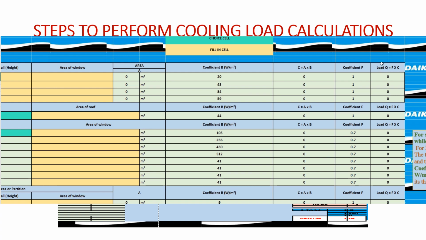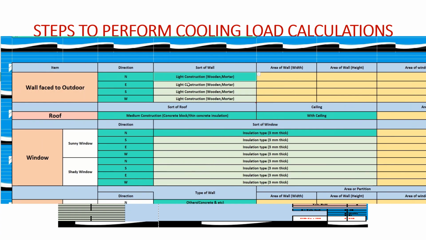So the total load we are going to have for the light construction will be F times C. This is how the calculation is done for this first light construction wall. The same goes for east, west, and south.